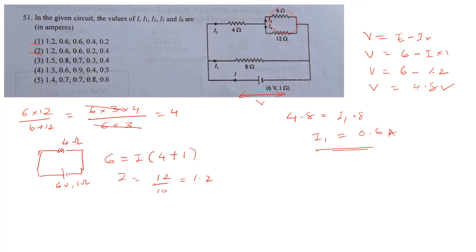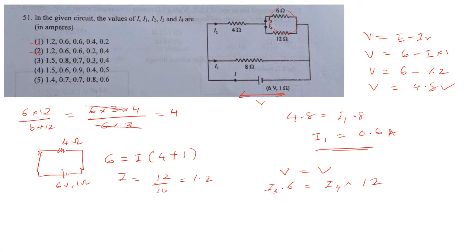We can equate the potential difference across these two resistors, since they have the same potential difference. So V equals IR, so I3 into R, which is 6, is equal to I4 into 12.